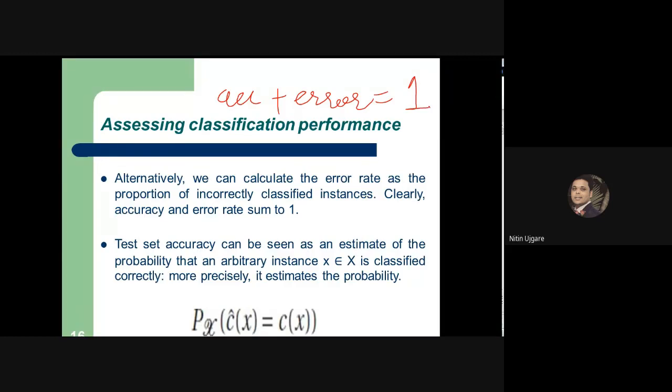The test set accuracy can be seen as an estimate of the probability that an arbitrary instance X belonging to the test set is classified correctly. More precisely, it estimates the probability function which predicts the class of some input instance Xi as C of Xi.